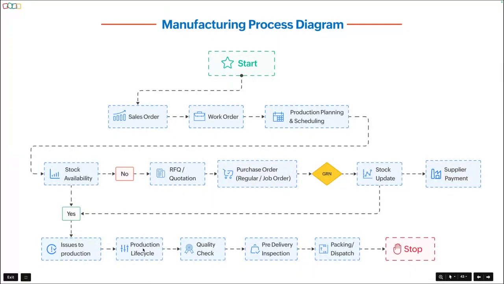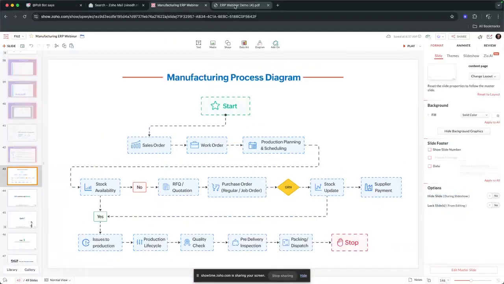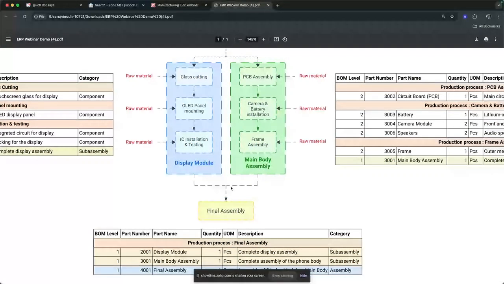Now we look at an elaborate production life cycle, an example that we are going to follow through within the system. For that, let's take a sample example of manufacturing a phone within my factory. Now, these are the processes which I'm going to follow to produce that particular phone.